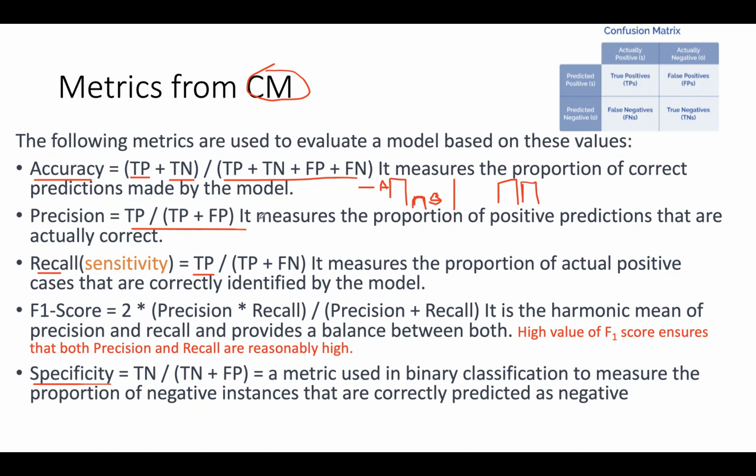Now, I just want to quickly give an example when we look at recall. Suppose we want to build a model to predict whether a patient has cancer or not. A high recall score indicates the model is able to identify most of the positive cases, meaning patients who have cancer.